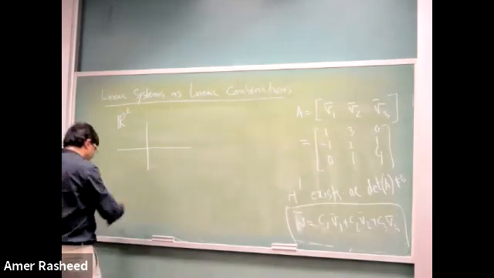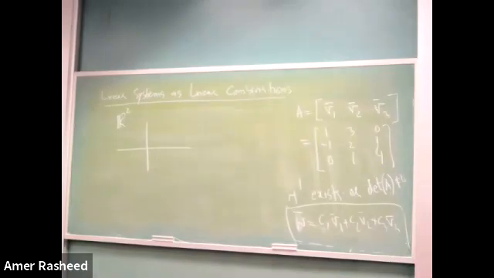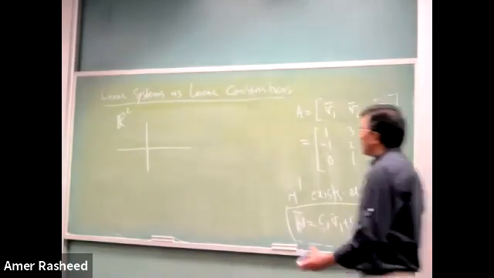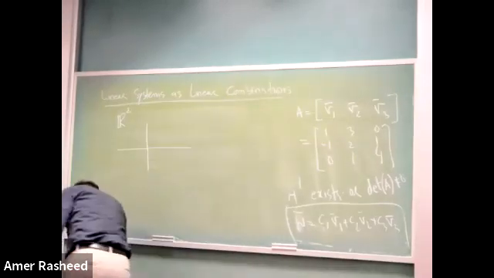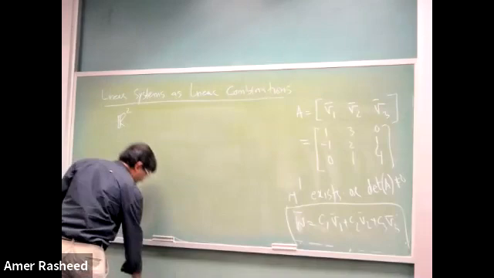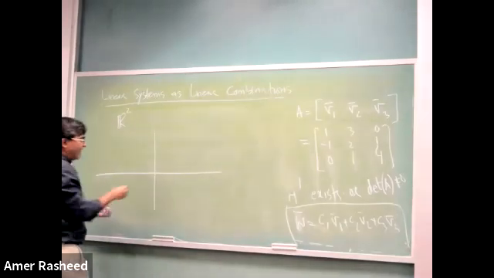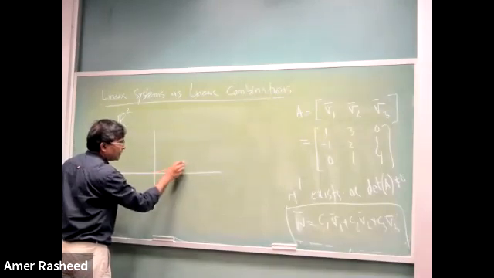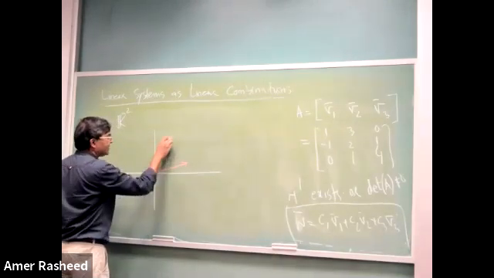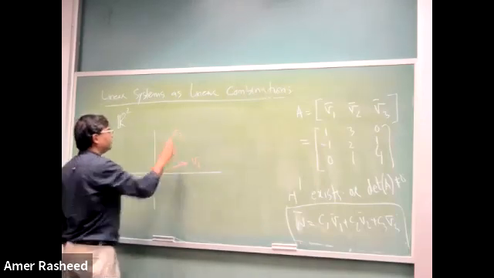We have a vector, let me use some different color. We have a vector U, and this is V1 and this is V2.